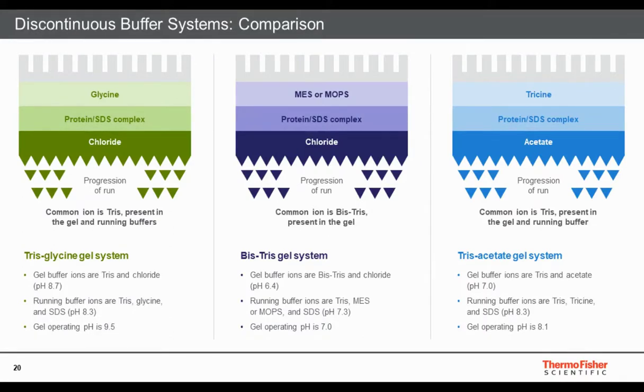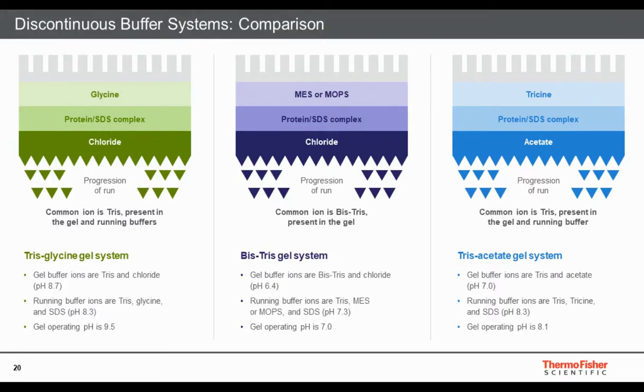This slide provides a quick summary of the discontinuous buffer systems utilized by the 3 most popular gel chemistries. The Tris-Glycine system includes Tris and chloride ions in the gel buffer, which has a pH of 8.7.